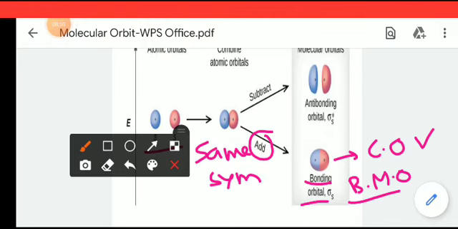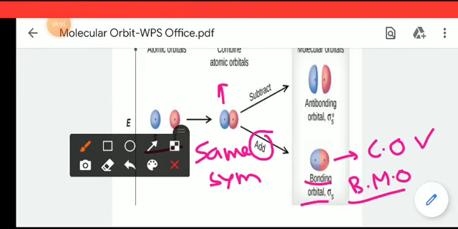We know when two atomic orbitals combine, they form a molecular orbital, and if the symmetry is the same and the overlap is additive, then it is called a bonding molecular orbital.